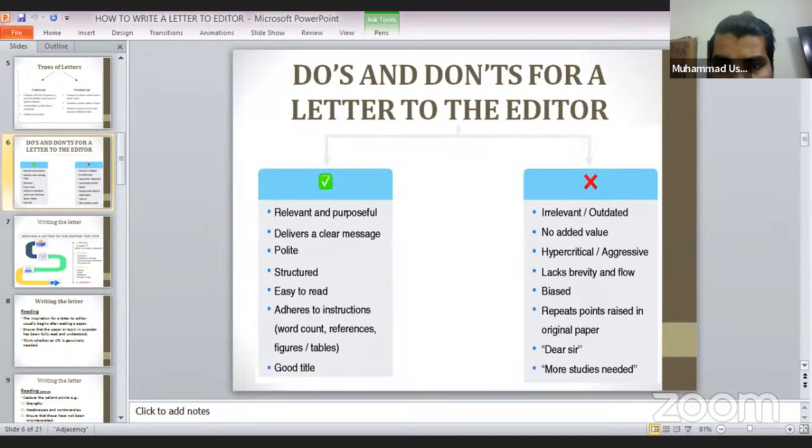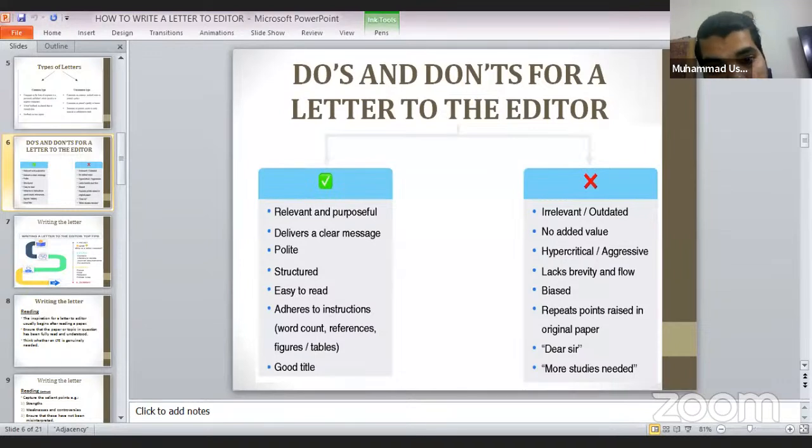It should not be hypercritical or aggressive. Obviously you're writing in order to give your feedback, but the tone should not be aggressive. Another don't is that it lacks brevity and flow, and it should not be biased.